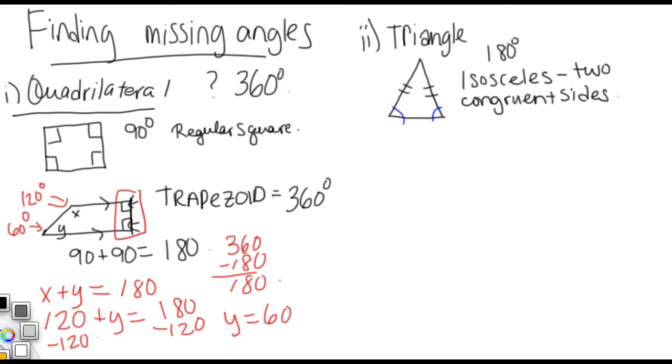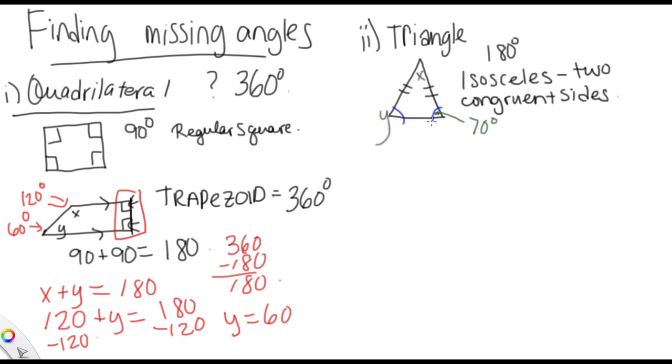So if I choose to say that this angle here, I'm only given this one angle, and I say that it is 70 degrees, that is enough information for me to find x and y.